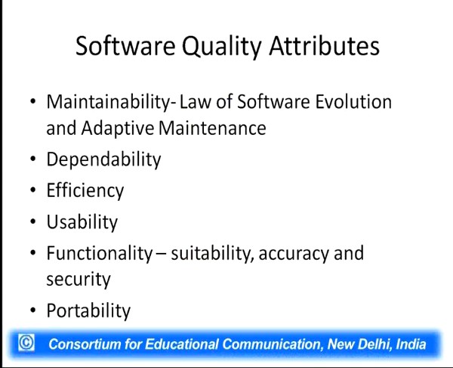The next is usability, that is, the software should be usable and reusable by changing certain parameters, and it should also be user friendly so that it is easy for customers to learn how to work on the software and use it to the optimum.